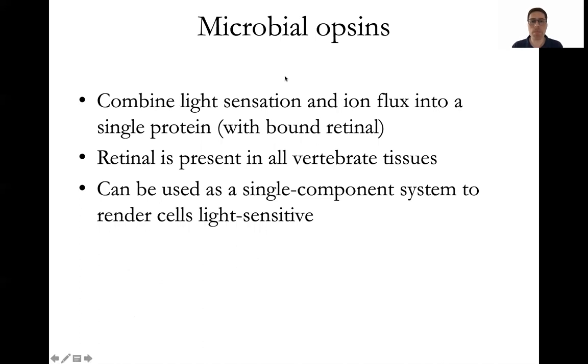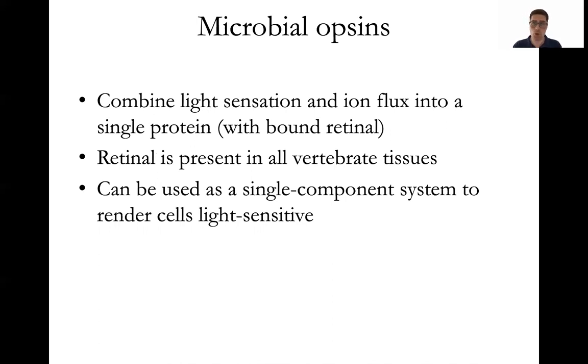These opsins combine this light sensation, this conformational change after absorption of light, and ion flux, ions flowing through the channel in these cases into a neuron that has this protein embedded in its membrane. So fortunately, even though these microbial opsins all require this bound retinol, there's a lot of retinol present throughout nearly all vertebrate tissues.